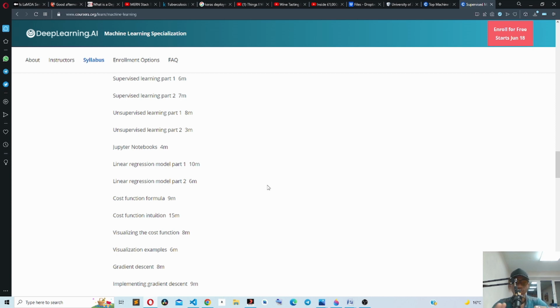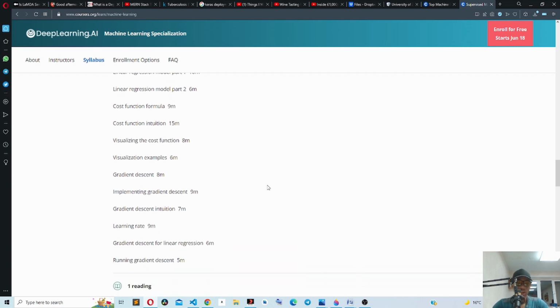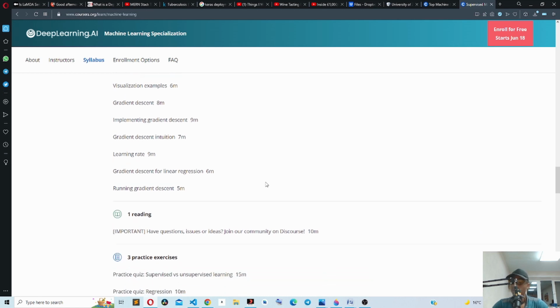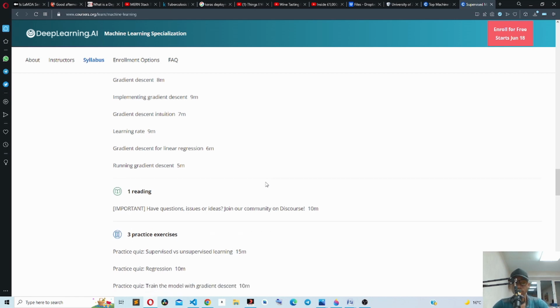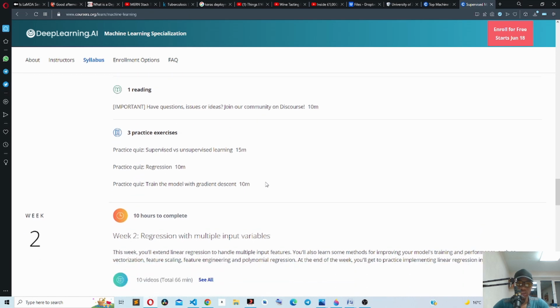Andrew Ng is very good when it comes to introducing advanced concepts. I like the way he simplifies them. Then they'll be talking about the cost function, visualizing the cost function, and the gradient descent algorithm. This is a very, very important and popular algorithm in machine learning, even in deep learning. And then reading, and then practice exercises.